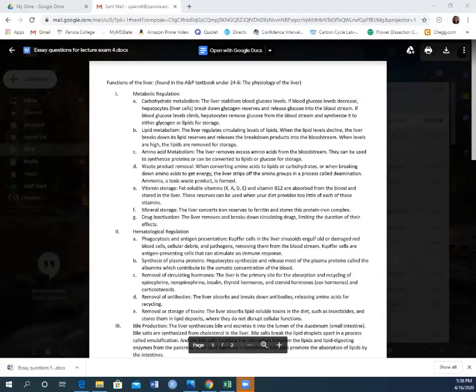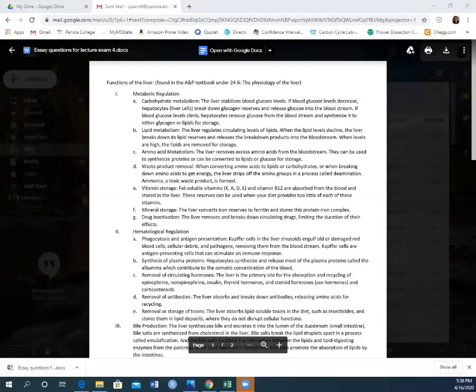Waste product removal. When converting the amino acids to lipids or carbohydrates, or when breaking down those amino acids to get energy, the liver is going to strip off the amino groups off of the proteins in a process called deamination. And then it will form ammonia, which is a toxic waste product that is then peed out of the body.